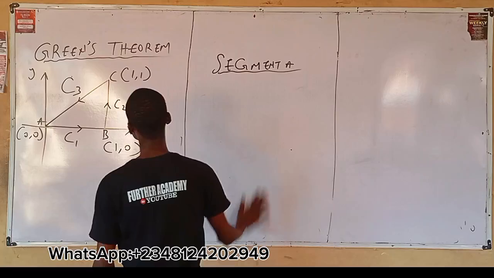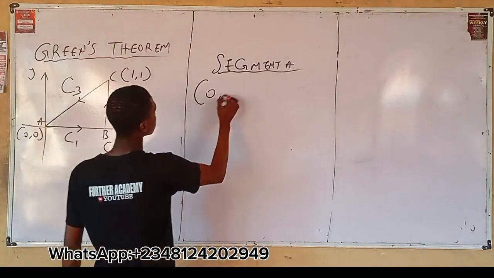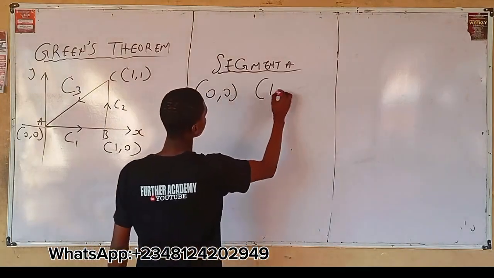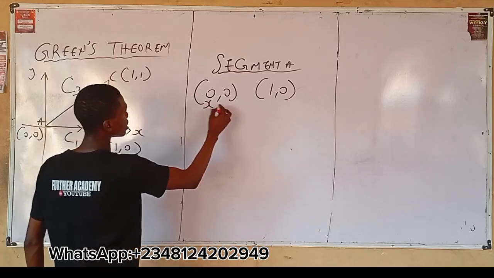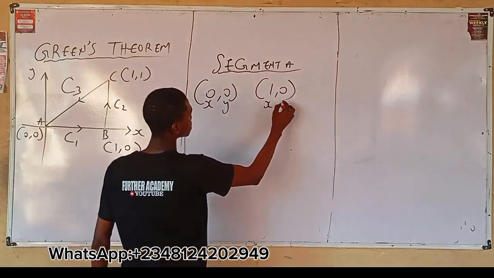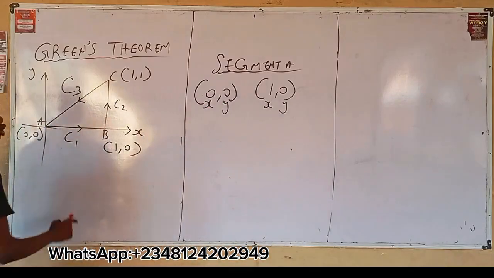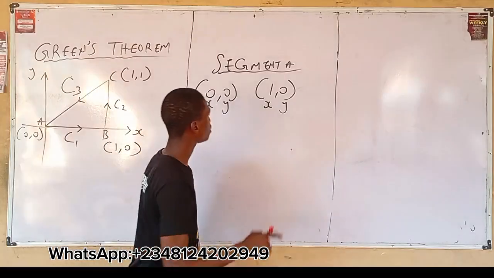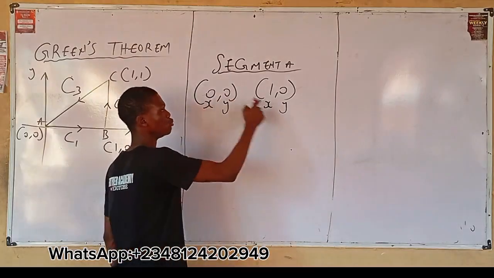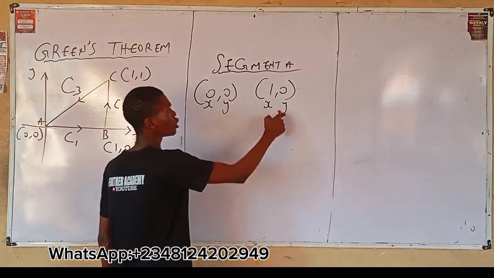Now, for this segment A, of course, I'm having (0, 0) and (1, 0), just like we've seen previously. This is x, this is y, this is x, this is y. Now, I'm moving from A to B. You observe that along A to B, x is changing. y is not changing.